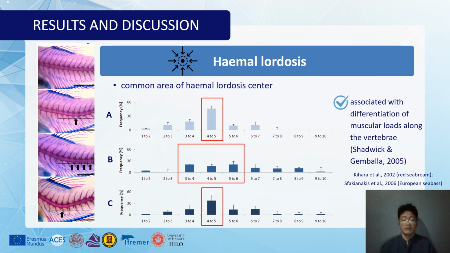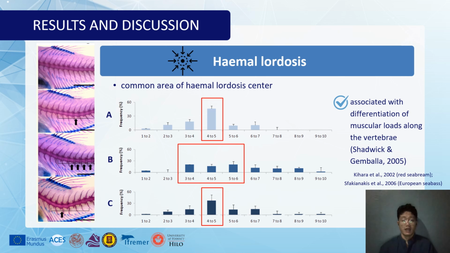Interestingly, we observed a common area of Haemal lordosis center for the fishes with lordosis in the three diets. This common area might be associated with the differentiation of the muscular loads along the vertebrae during the swimming exercise.